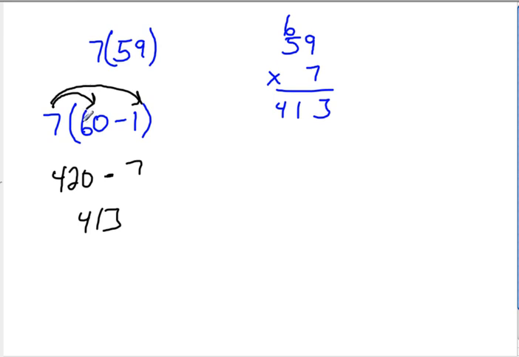So we can try another example of that. So let's say you wanted to multiply 7 times 52. So again, this is probably a problem that most of you would do on pencil and paper. But using the distributive property, we know that 50 plus 2 is the same thing as writing 52.